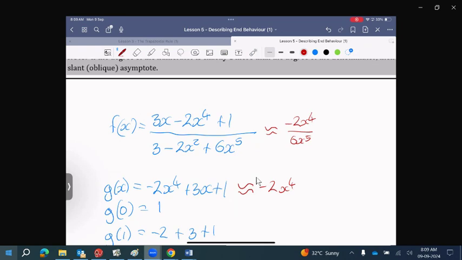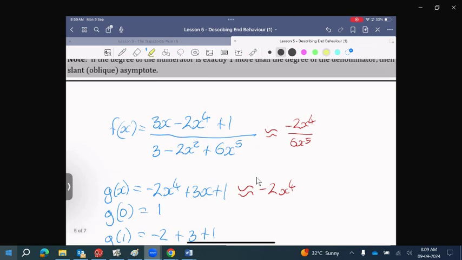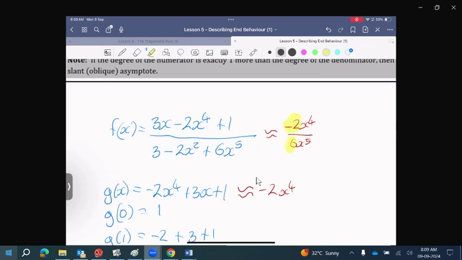The 6 and the -2, the coefficients, have no effect. For really large numbers, this doesn't matter. In fact, this is going to cancel out, and we're going to be left with this. So for a really large number, this is basically this function. For really large numbers, this simplifies down to that.